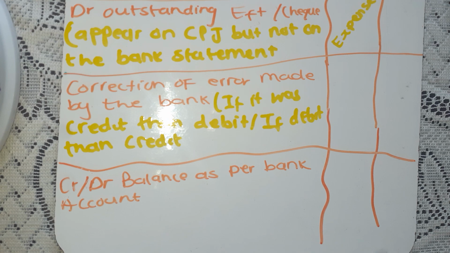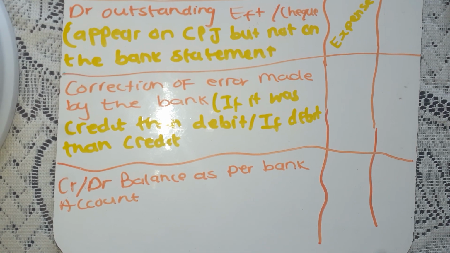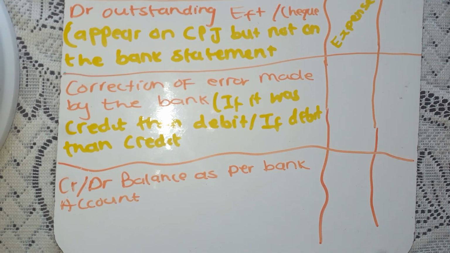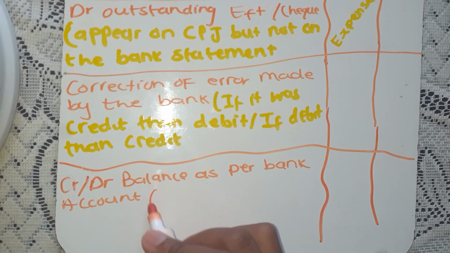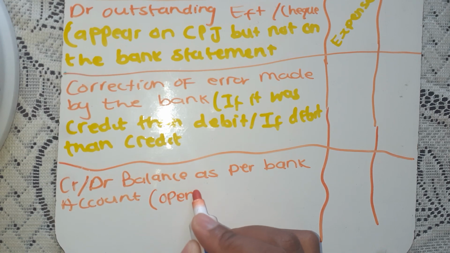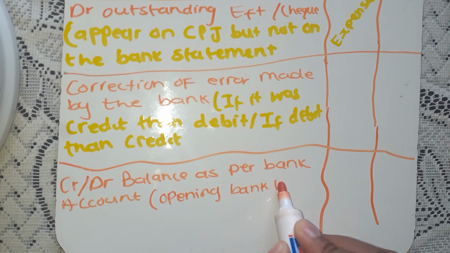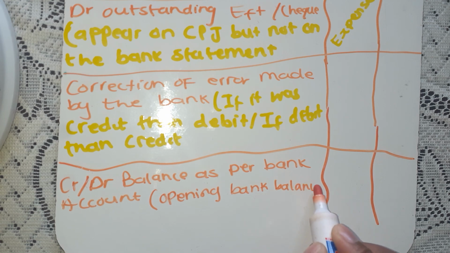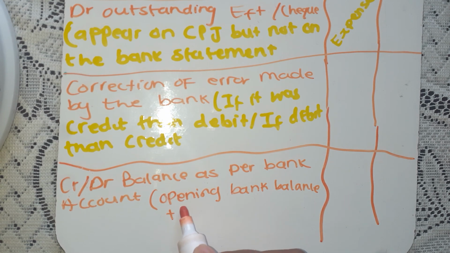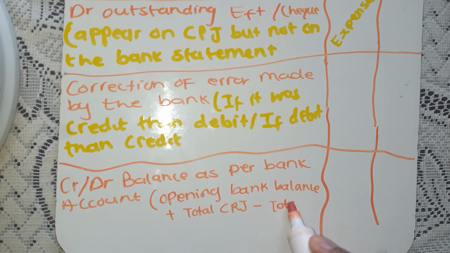Here, as I have told you earlier, if you are not given the closing bank balance, what you do is take the opening bank balance, you add the total cash receipts journal, and then you minus the total cash payment journal.